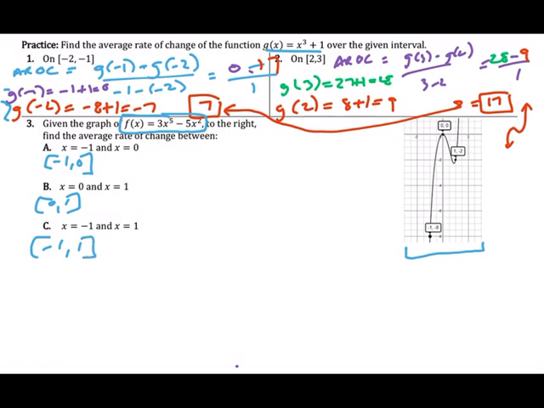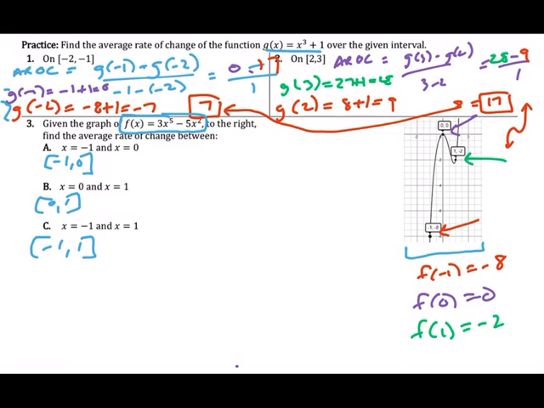So let's go ahead and identify what we can from our graph. This point is telling me that f of -1 is -8. This point is telling me that f of 0 is 0. And this point is telling me that f of 1 is -2.